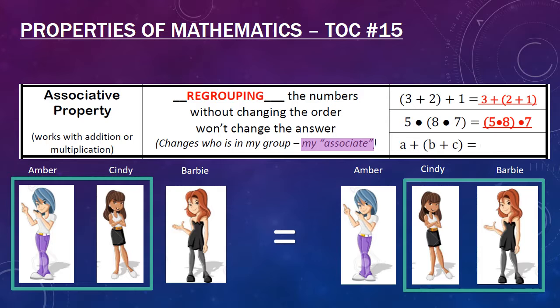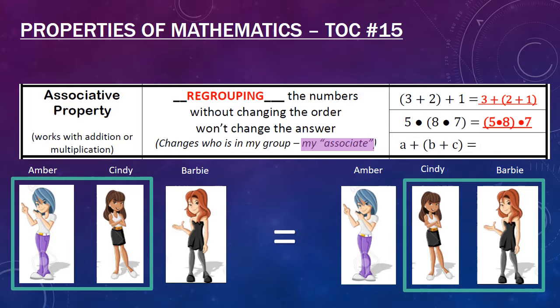And the reason why we do that, and why it's a property of mathematics, is because it is easier sometimes to group things and say do this first. So looking at 5 times 8 times 7, 8 times 7 is 56. I do not want to multiply 56 times 5 because it's hard. I'd have to sit there and write it out.